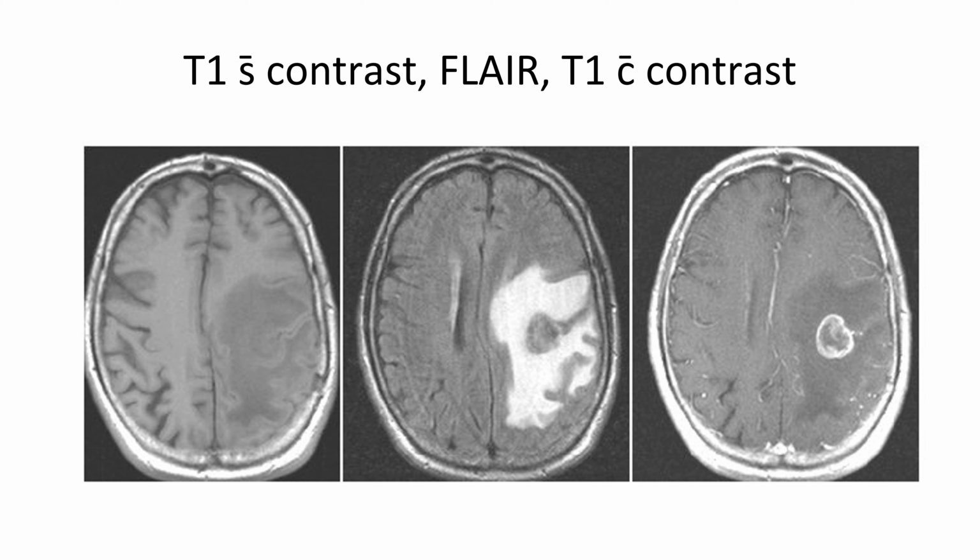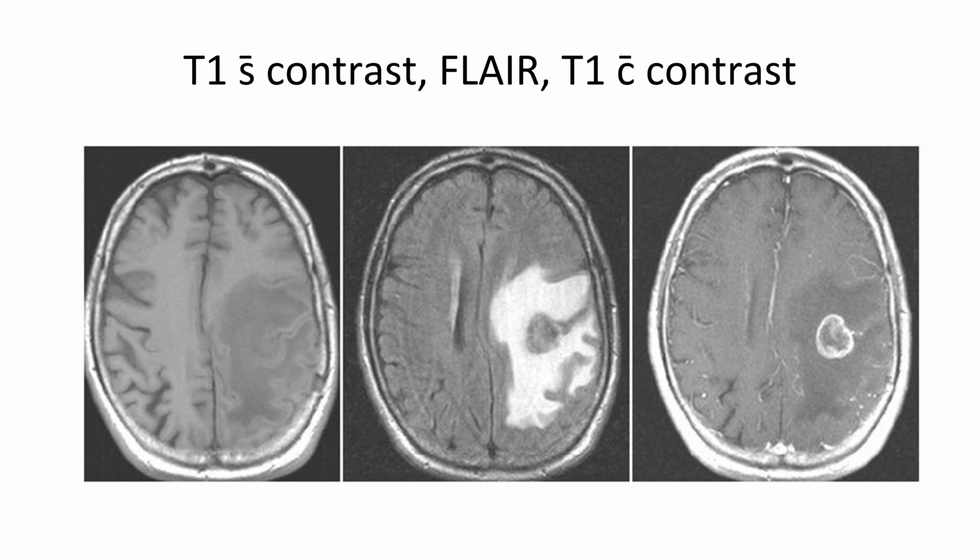Now on the left, we just have a normal T1 image. In the middle, we have a FLAIR, which again will cancel out any sort of water signal like the cerebrospinal fluid, but anything that's edematous or inflamed should show up as white. And we see this large sort of portion of edema in the left hemisphere.